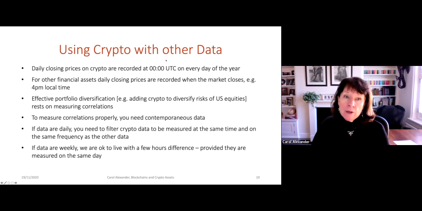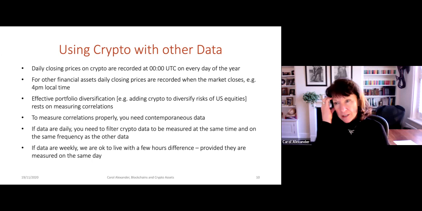Now, we may want to use crypto with other data. And daily closing prices, that's all we can get for other data. We can get hourly or minute prices for crypto, but for other data, we have to have daily closing prices. And the daily closing prices on crypto are recorded usually at midnight UTC every day of the year.